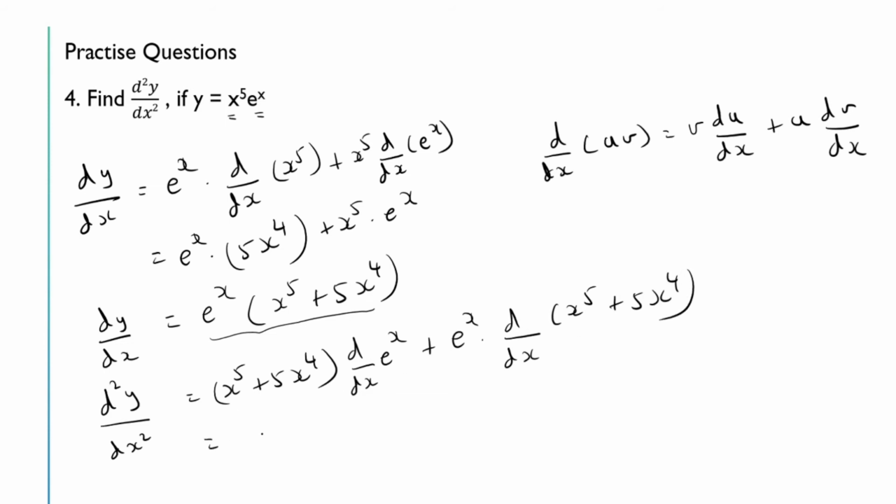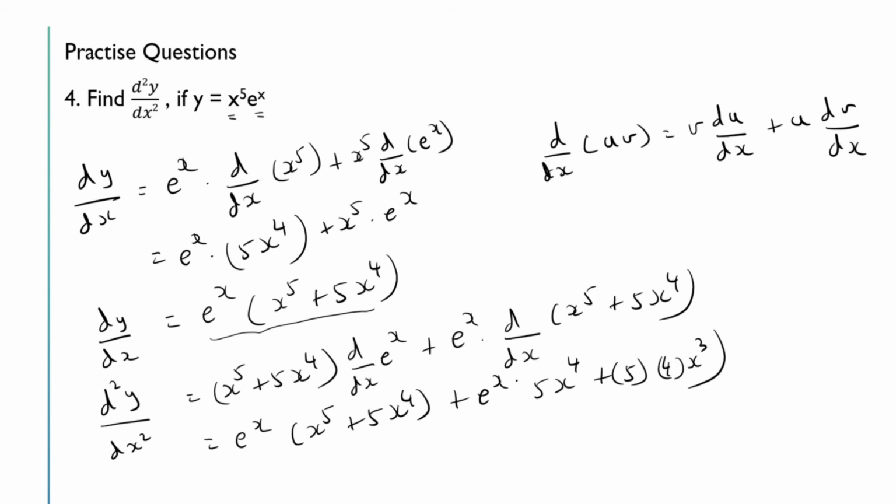So this is equal to, here d by dx of e raised to x is e raised to x itself. So e raised to x into x raised to 5 plus 5x raised to 4 plus e raised to x into 5x raised to 4 plus 5 into 4 into x raised to 3. So this is x raised to 5, d by dx of x raised to 5 is 5x raised to 4. Then we have d by dx of 5 into x raised to 4, which is nothing but 5 into d by dx of x raised to 4. d by dx of x raised to 4 is 4x cubed.